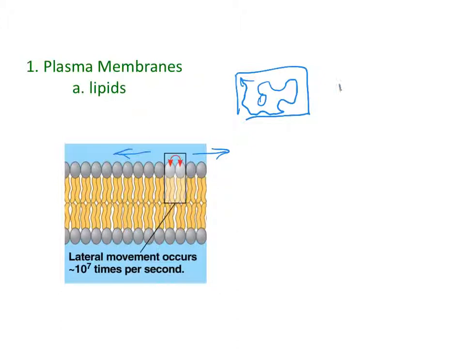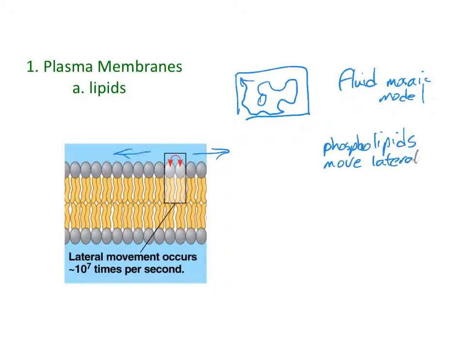And this is called the fluid mosaic model. They're constantly moving laterally. Phospholipids move laterally in the membrane.